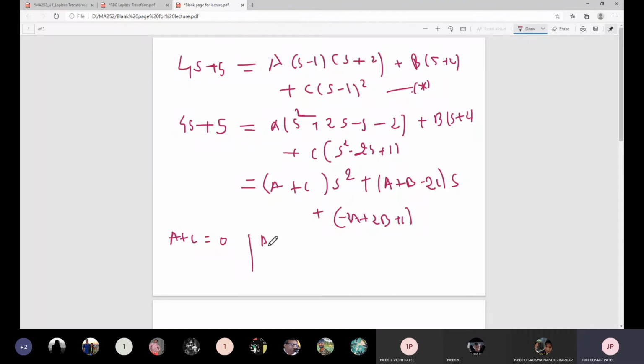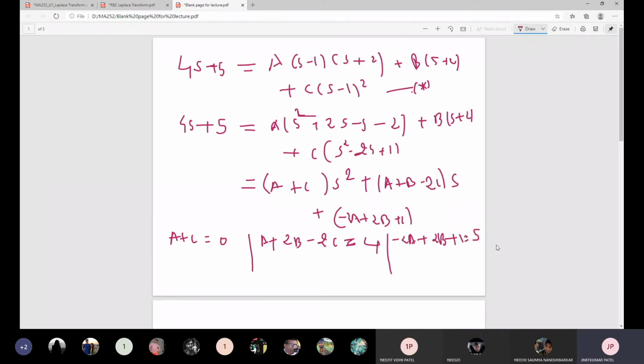A plus B minus 2C is equal to, what is our coefficient of s in the left hand side? 4. Okay, so it is 4. Now the constant: minus 2A plus 2B plus C equal to 5.